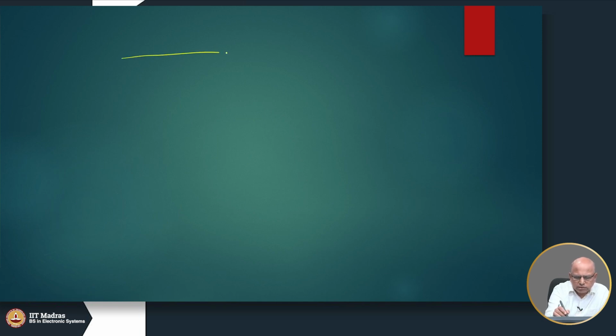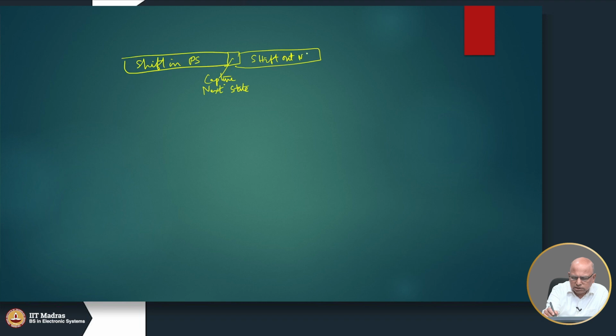So, the first test vector shifts in the present state, then captures the next state. Then shift out the next state. Okay. So, this is test vector number 1.